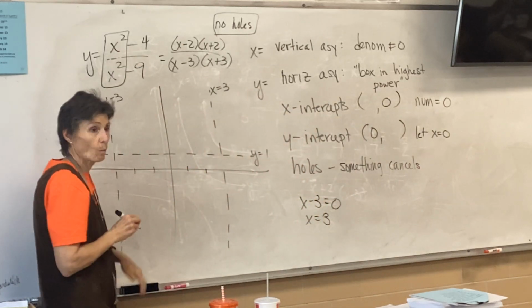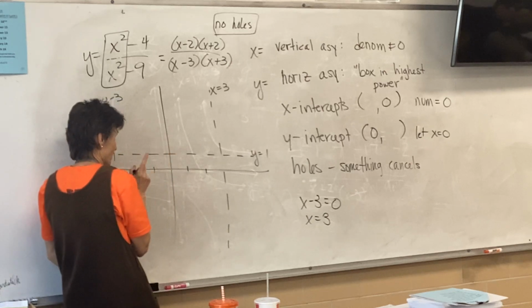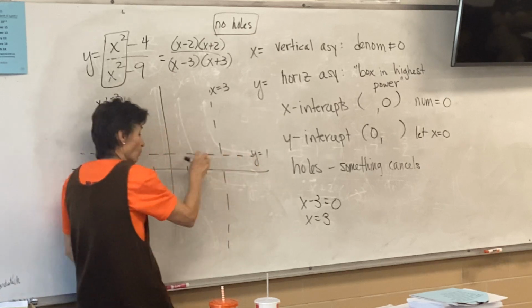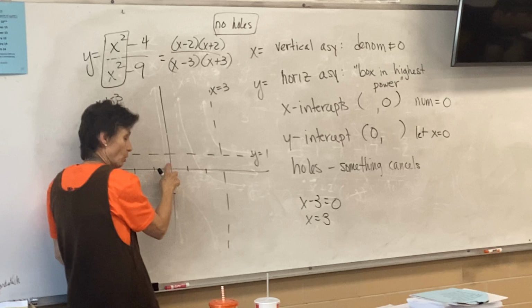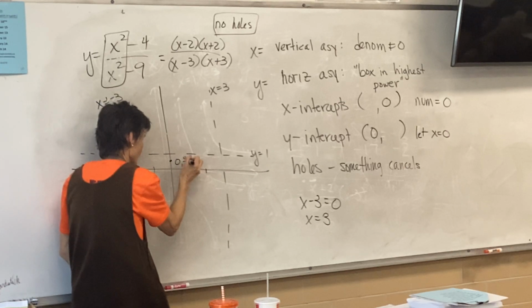What do we get? What's our y value? 4 ninths. So when you plot this, it's kind of important. You have an asymptote of 1. Is 4 ninths higher than 1 or lower than 1? Lower, so 4 ninths is going to be right here.